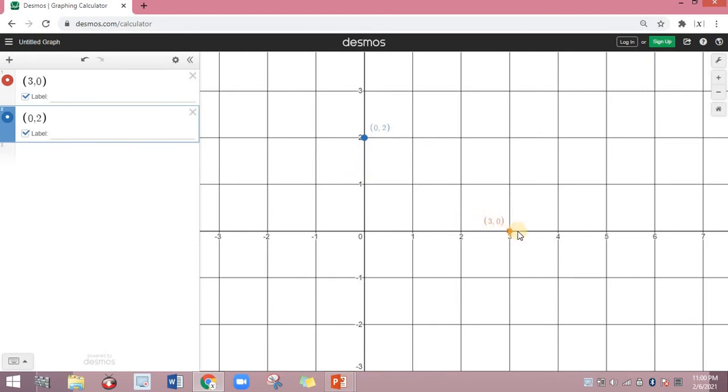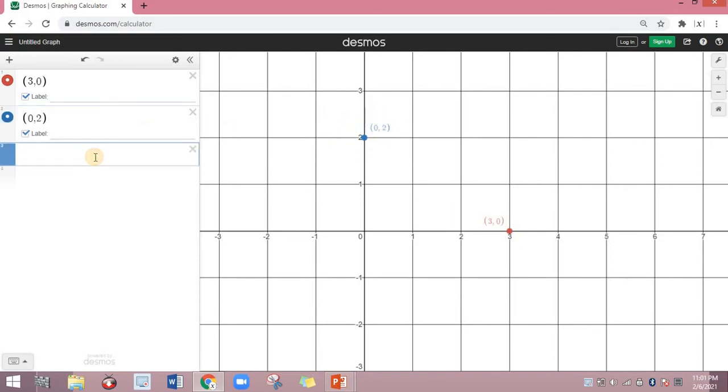Itong 3, 0, x-axis. So yung ating point na to, ang tawag natin dito is x-intercept. Yung kabila naman is y-intercept. Okay? Si y-intercept, ito yung b. Si x-intercept, ang kanyang notation is letter a. Okay? So tandaan a, x-intercept, yung b is y-intercept.